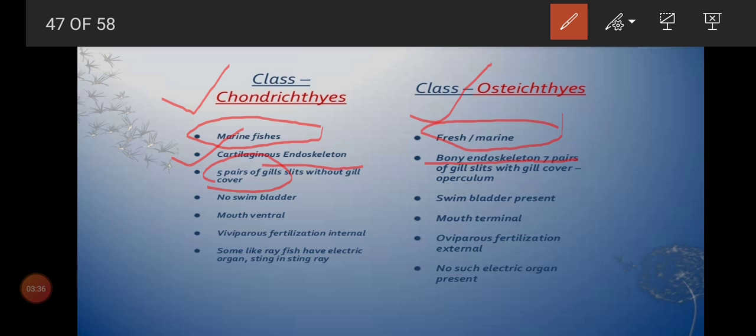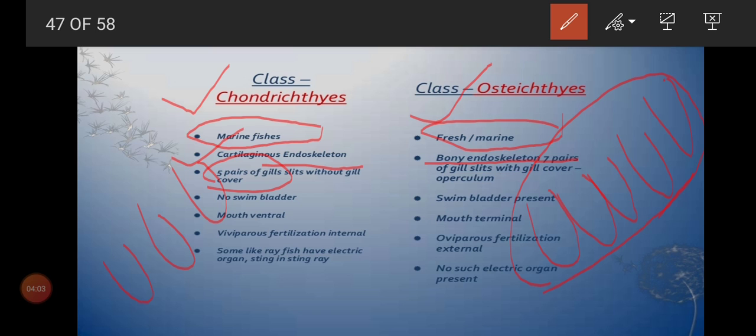These 5 pairs of gill slits are not covered by any layer. That is why we call it without gill cover, or without operculum. But in Osteichthyes we can see 7 pairs, and they are covered by an operculum, or a covering. So gill slits are covered in Osteichthyes.